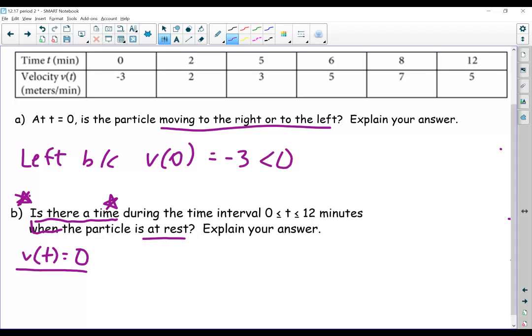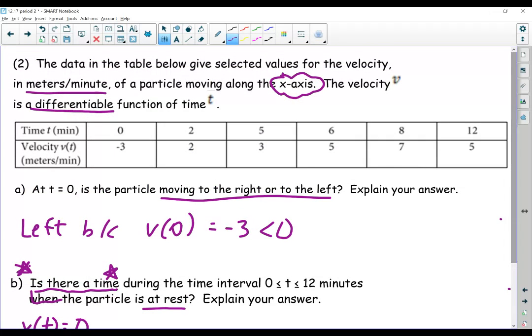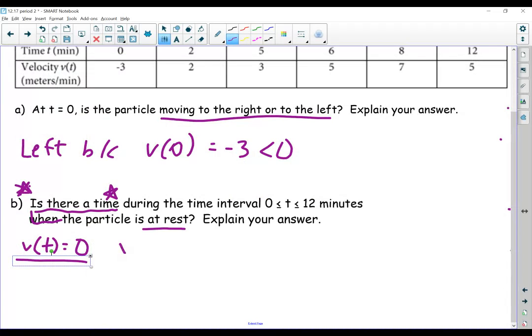So if I look here and I want to think about whether the velocity is at rest, I have to find 2 points where 0 is between those 2 points, which would happen here. Now, the fact that I know this has to be true is because they told me in the story that velocity is differentiable, which implies that velocity is continuous. So here's how I'm going to write this. I'm going to say yes, between 0 and 2 minutes.